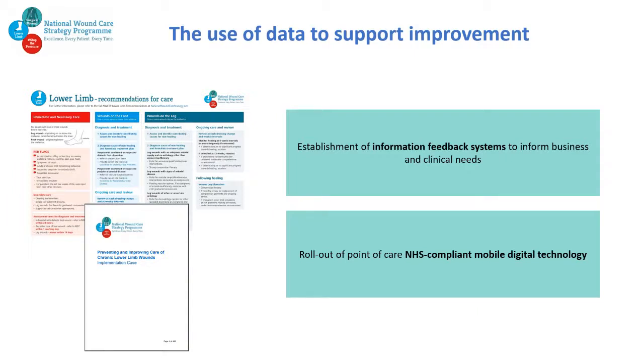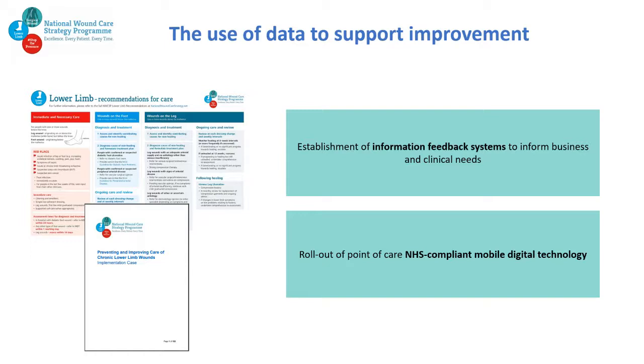So going a bit further, what do we mean within that? Within our implementation case, we've set out the need to collect and analyse high quality data, if we can, along that pathway to both drive and deliver improvement. The implementation case sets out two things really.